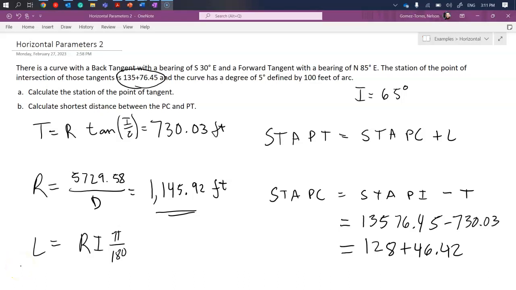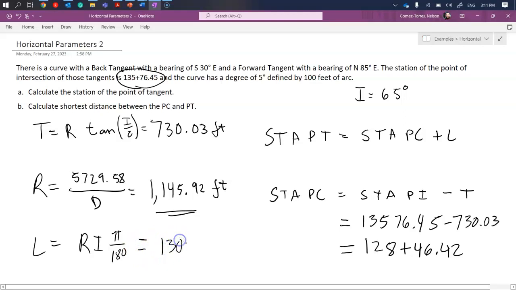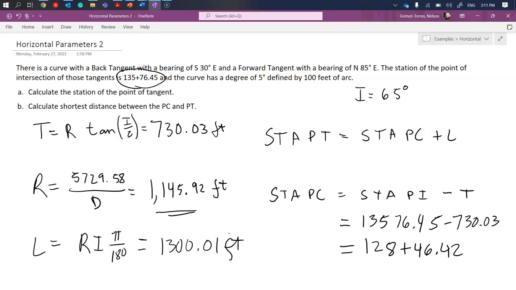And that's going to give us an L that, if you keep all the numbers in your calculator, you will end here. If not, you will probably have 1300 instead of 1300.01. But don't worry about those differences. Okay, so we have L now.